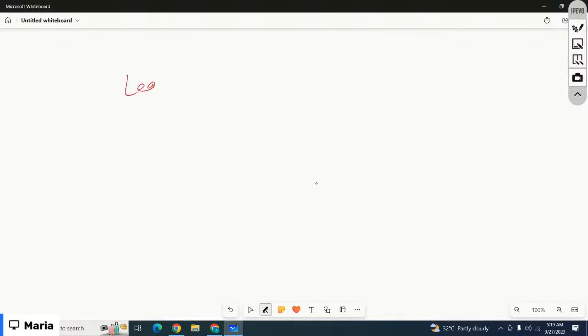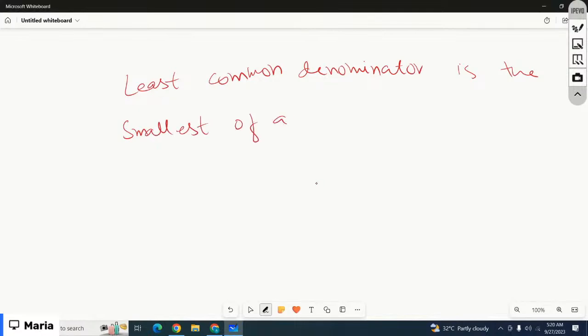Least common denominator is the smallest. Least means smallest, right? Least common denominator is the smallest of all the common denominators.